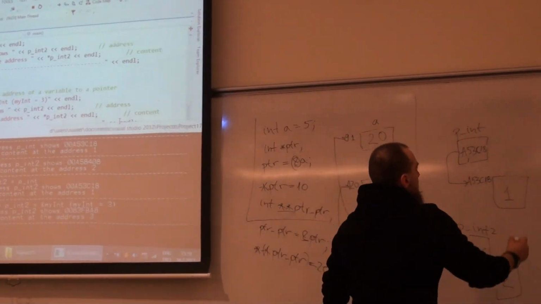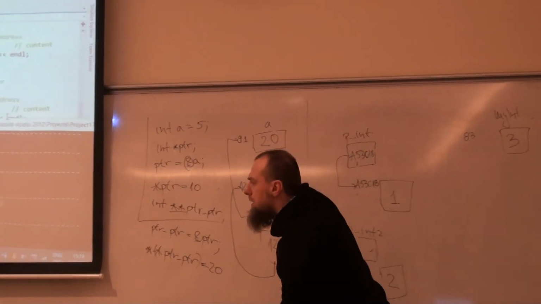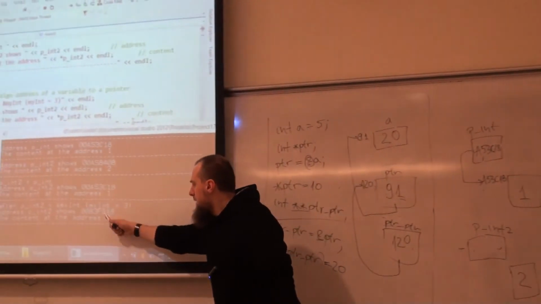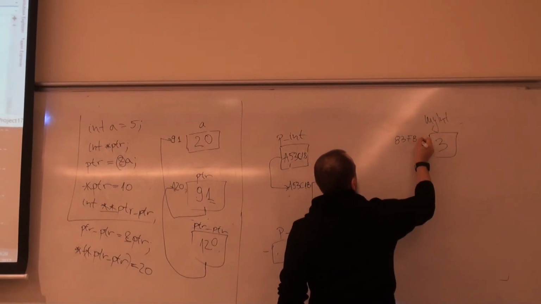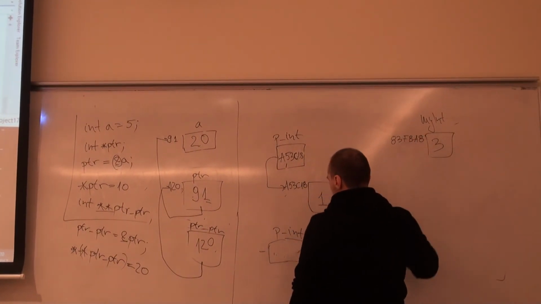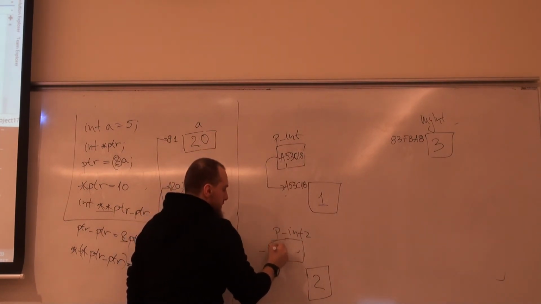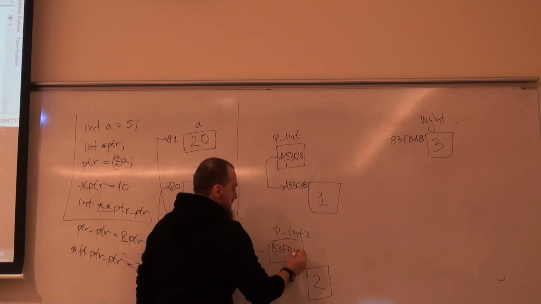Its value is 83FBA8. The address of my integer is 83FBA8. So the value of this pointer is the address of that one, which is 83FBA8.